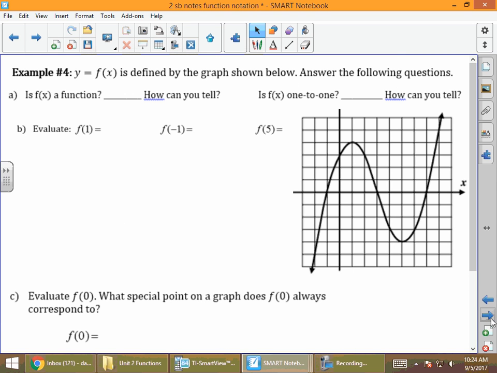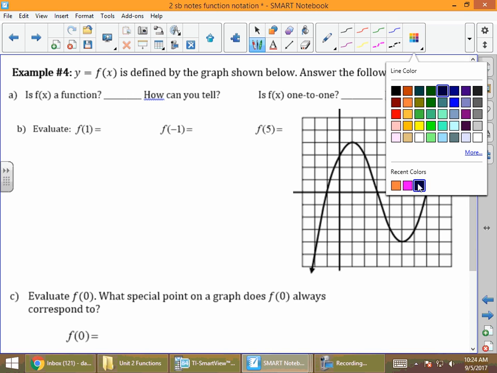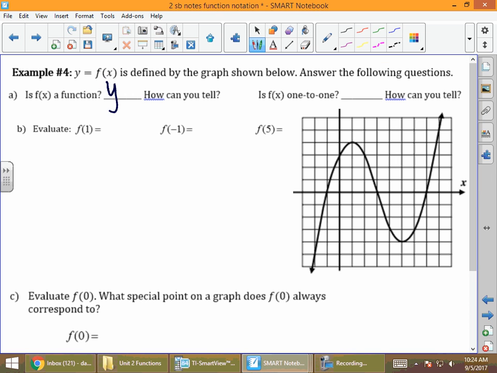Number 4. Y equals f of x is defined by the graph below. Answer the following questions. So now we have to think back. Is this picture a function? How do we know?